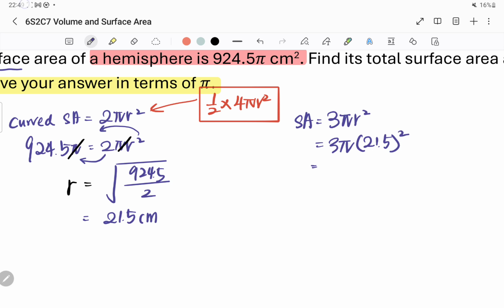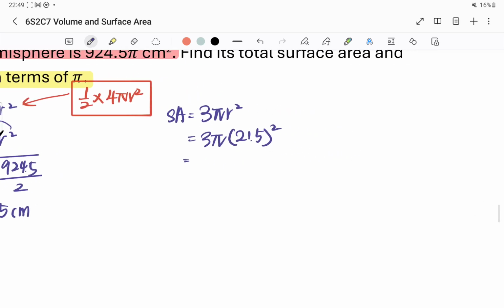When you put in your answer over here, your calculator should give you this. This is your surface area. Don't change to decimal. Okay, don't change to decimal, unless today you want to put it like that, then it's a different thing.